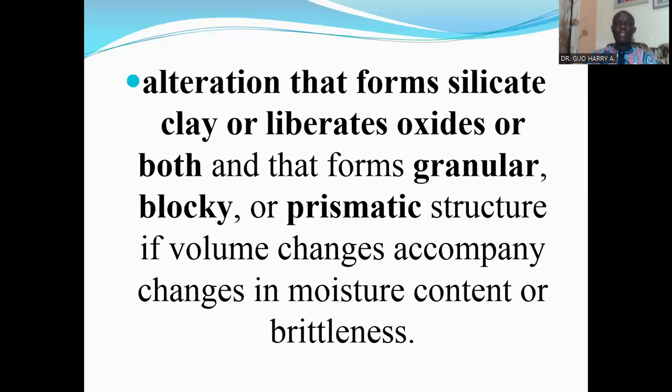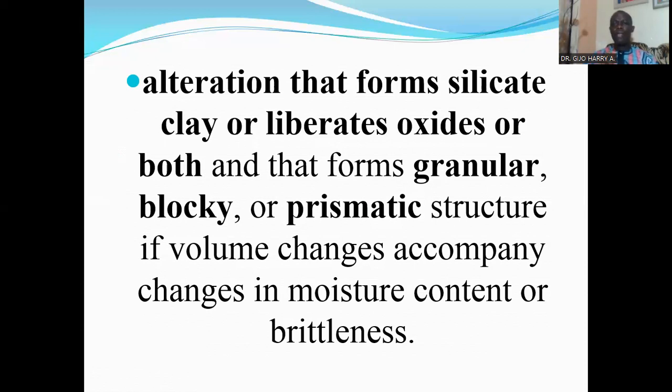The B horizon also exhibits alteration that forms silicate clay or liberates oxides or both, and that forms granular, blocky, or prismatic structure if volume changes accompany changes in moisture content or brittleness.